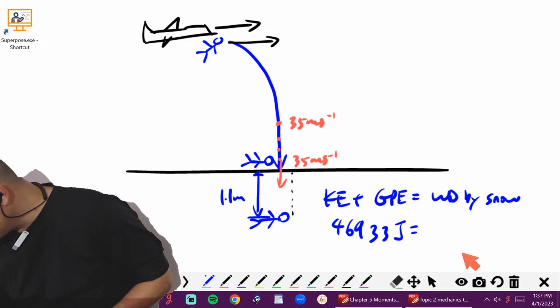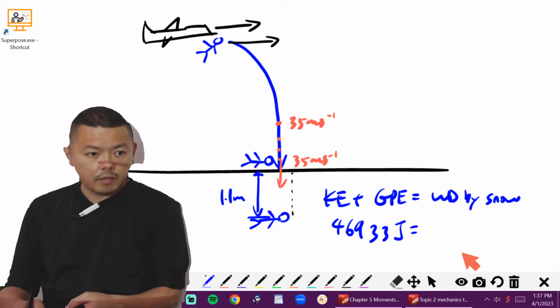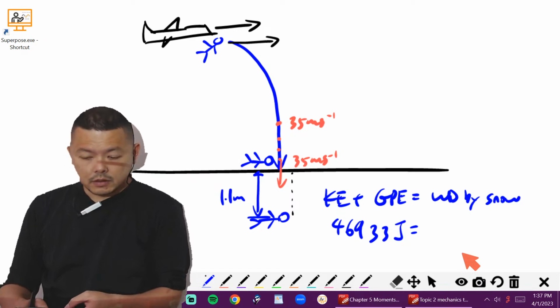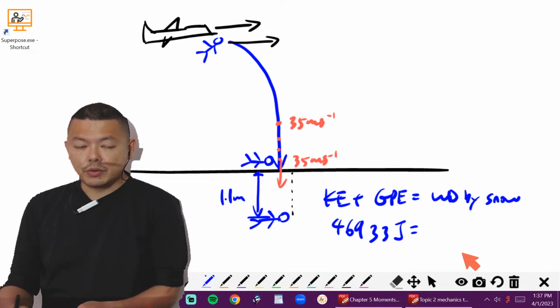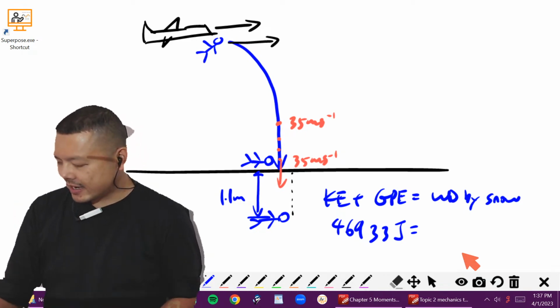Why is the answer key like that? No, you just, so energy, right? You just keep everything positive. Don't worry about the answer key there.